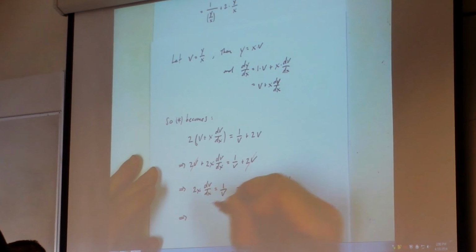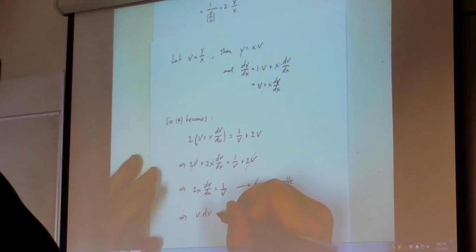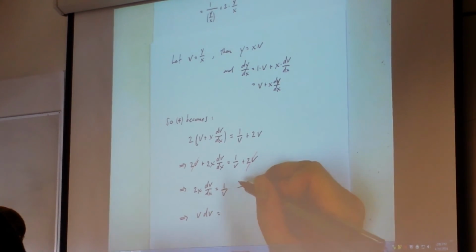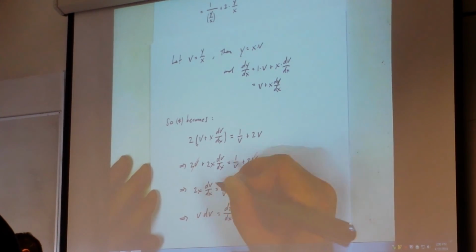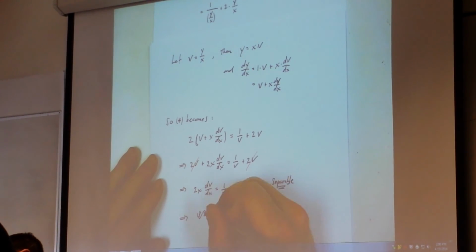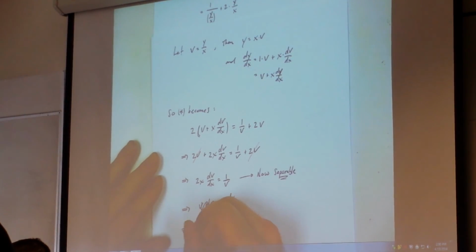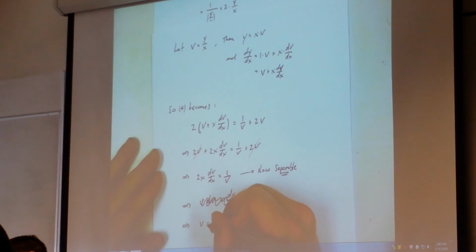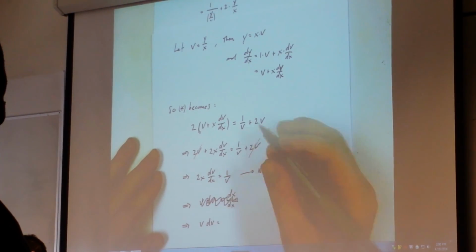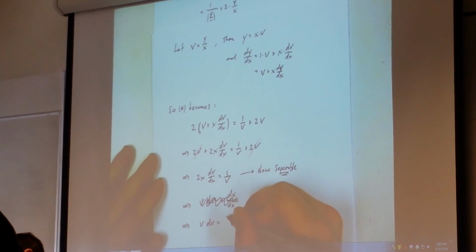I'd have v dv equals dx over 2x. This is the problem with pen, but it does look better. So we got v dv equals dx over 2x.